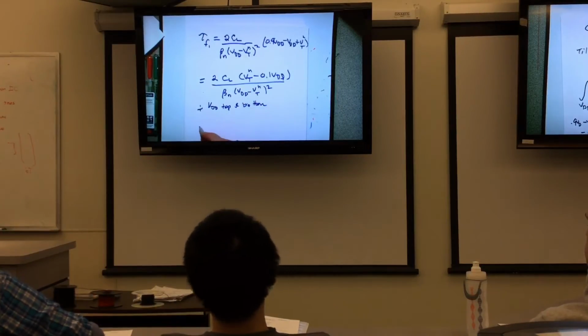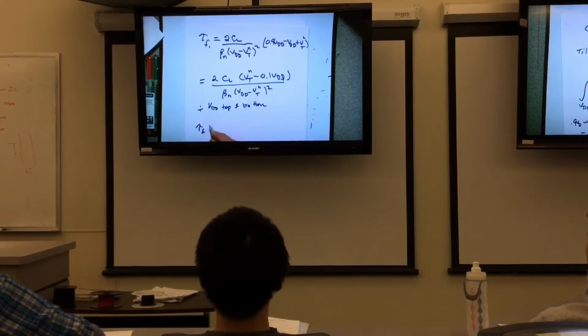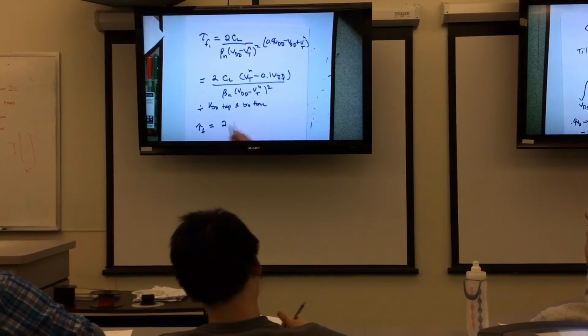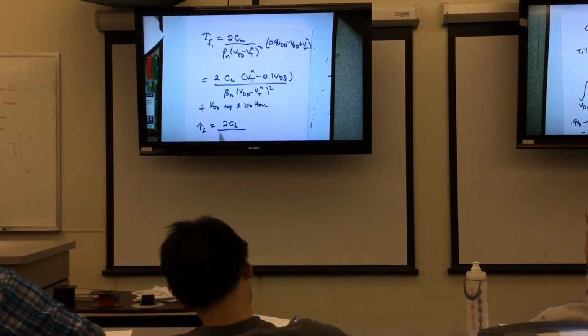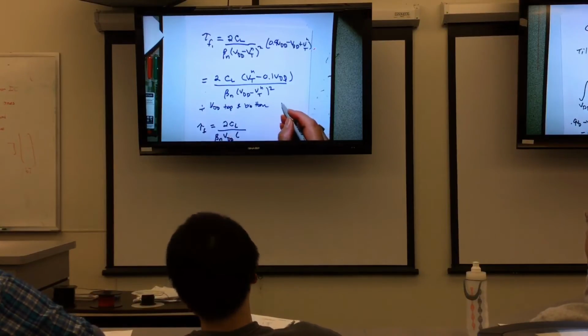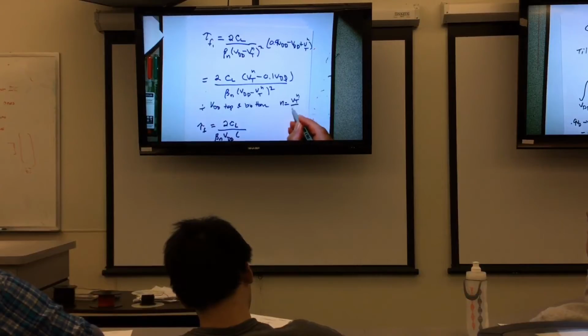So when we do that, tau f is equal to 2 C sub L divided by beta n times VDD, times, okay, now I'm going to make this a parameter for the V threshold n. I'll write it as 3n divided by VDD.